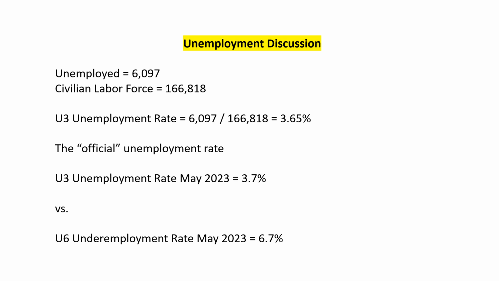refer to as the U6 unemployment rate, but it's actually officially called the underemployment rate. That's just a different metric on how to measure unemployment. So remember, the U3 unemployment counts specifically the people that are not employed, but actively seeking employment. The underemployment rate came in at 6.7% for the month of May.